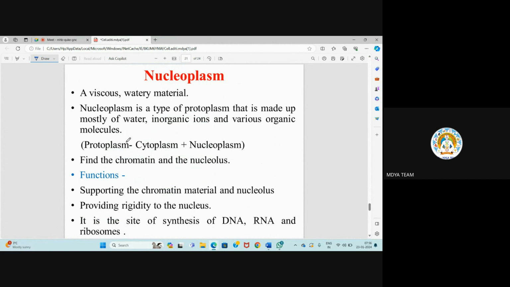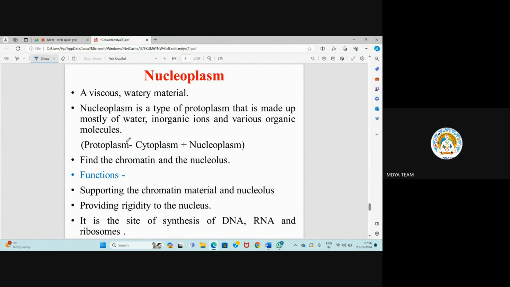Now, please tell me what is cytosol? Cytosol, that watery fluid. Yes, very good. So here the new terminology comes as protoplasm, and this terminology includes cytoplasm, meaning cytosol plus cell organelles, and nucleoplasm.